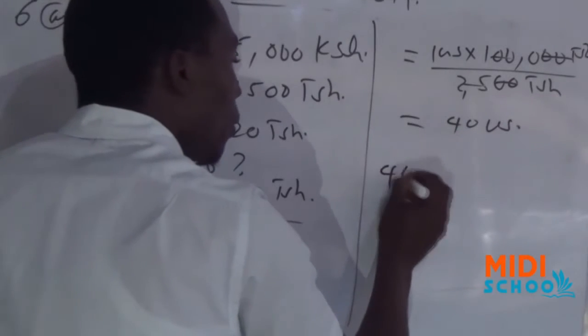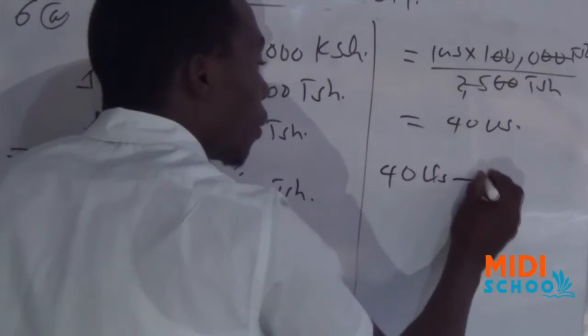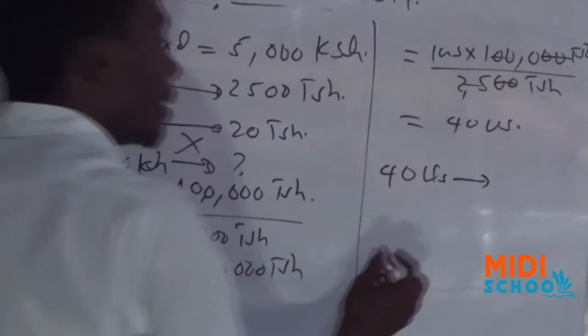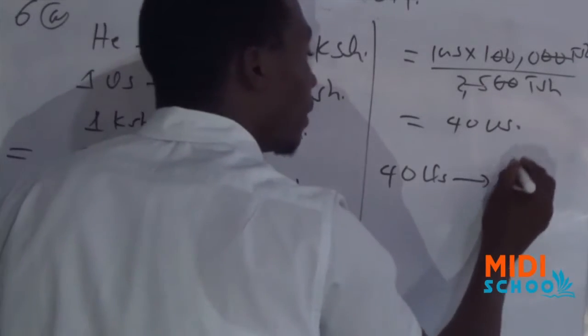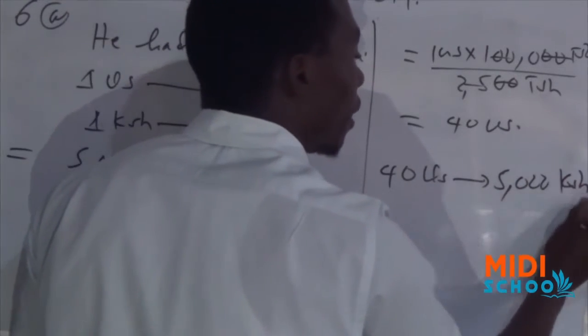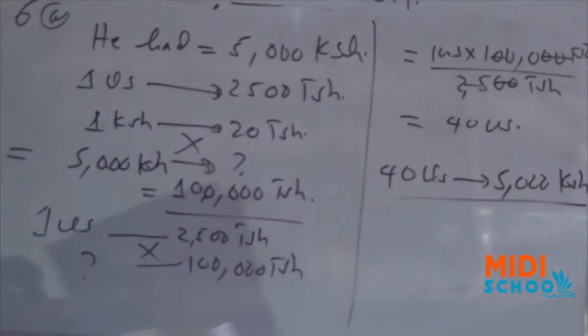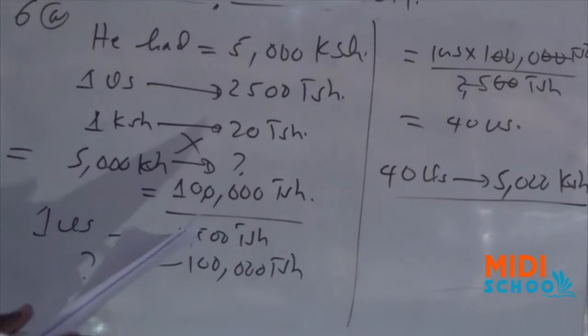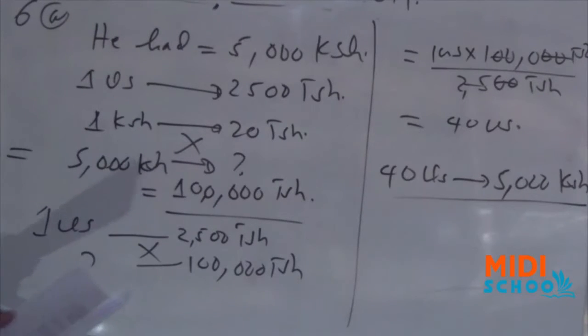So 40 US dollars is equivalent to 5,000 Kenyan shillings. So that was for the case of question number 6A.